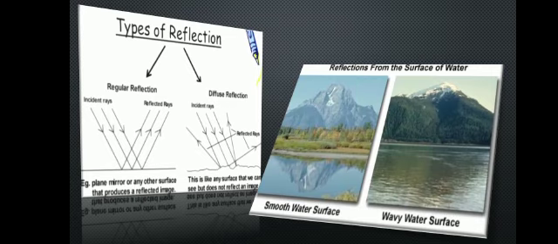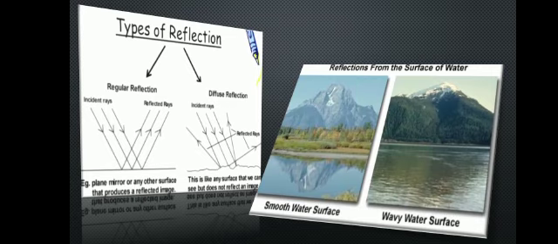Why? Because the surface of the second medium is smooth. Here you can see in this example, a plane mirror or any other surface that produces a reflected image. The reflection which is caused by smooth surfaces is called regular reflection. In this case, a clear image is formed in the second medium.